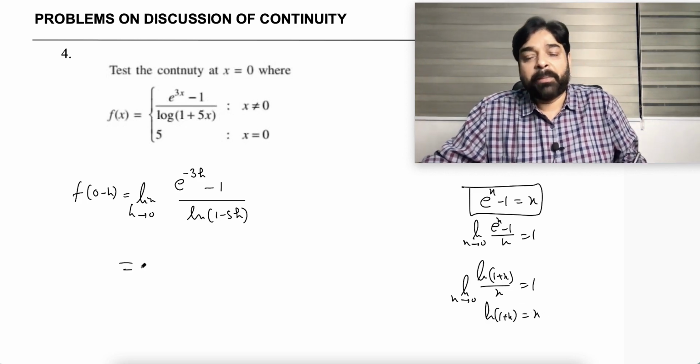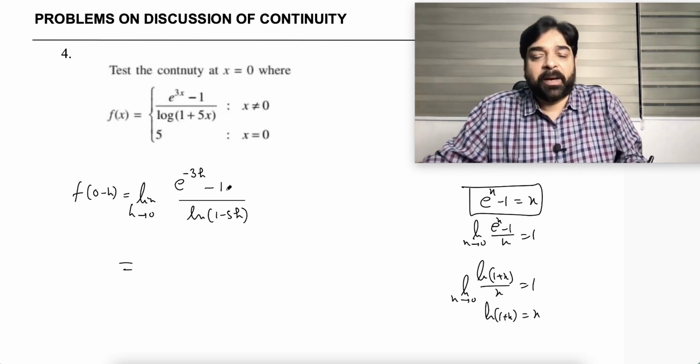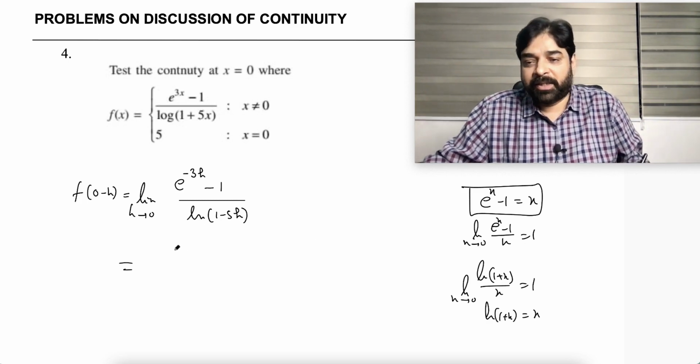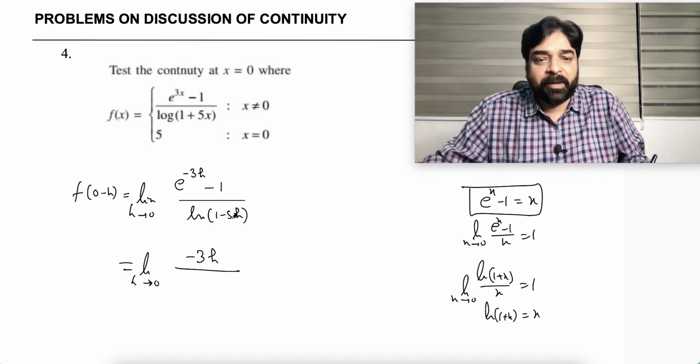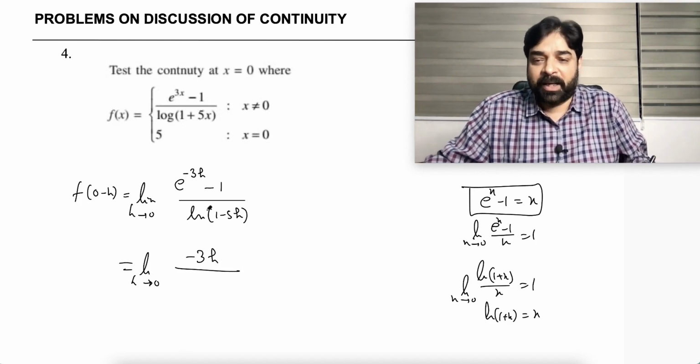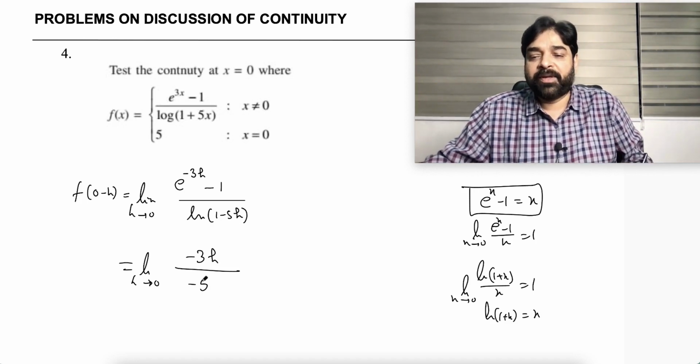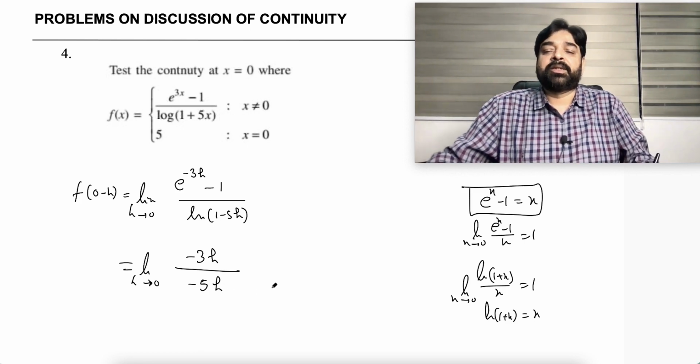So use both approximations. So e power x minus 1 is x. So we'll say this numerator will become minus 3h. And the denominator will become what? ln 1 plus 0. Whenever the 1 plus 0 format is coming, that will be equivalent to 0. So it means minus 5h. Did you understand?